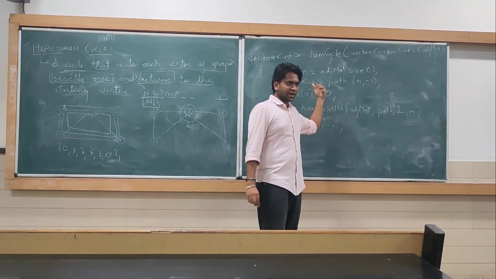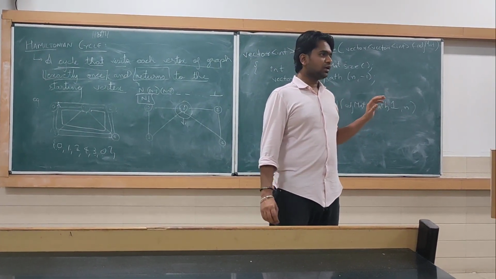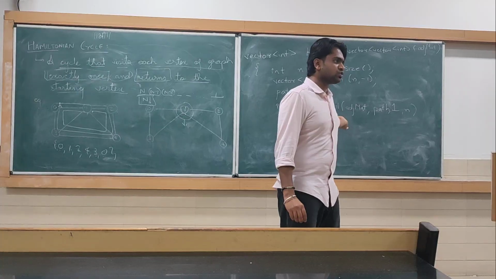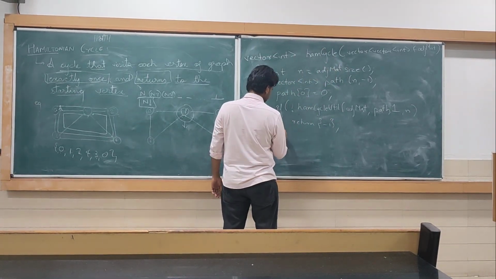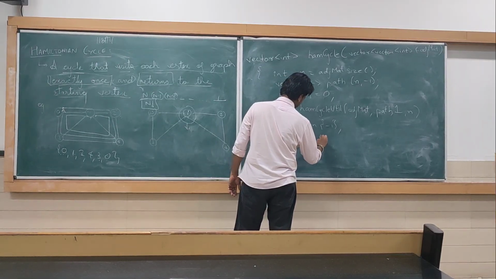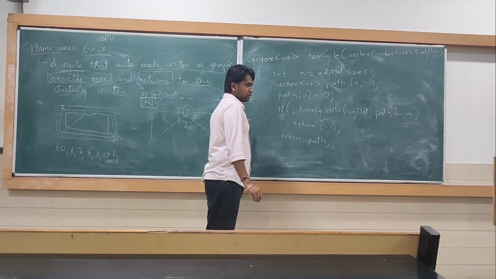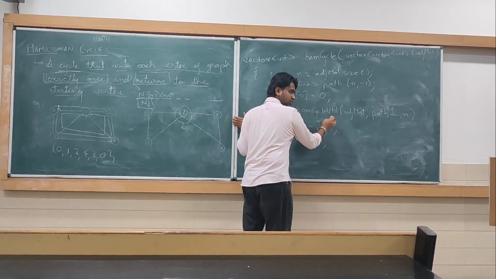If this function now will try to calculate the Hamiltonian cycle, right? If it doesn't exist, I return -1. If it does exist, what will I do? I will return path. Is this thing clear? Very clear. Now let's try to write a given function. I'm doing it.